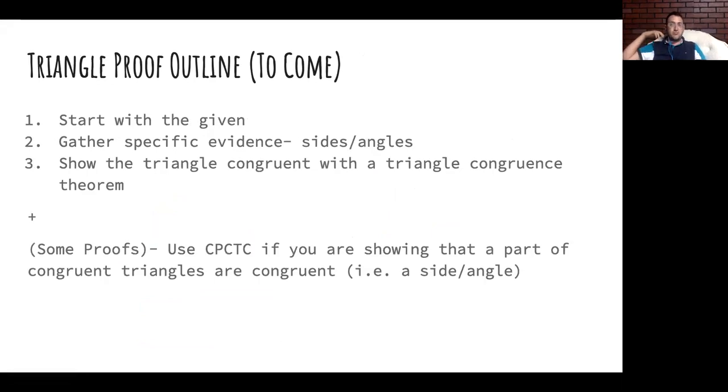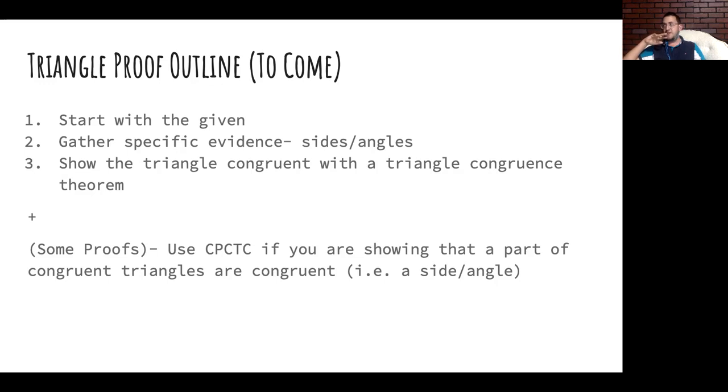All right, so just to give you a preview of where we're going, and I would write this in your notes. This is your roadmap of where we are going with proofs. You will be given information on your proofs, and then you need to be gathering some specific evidence, maybe about two or three pieces of evidence, sides and angles. Sometimes they'll be practically given to you or marked in the diagram.